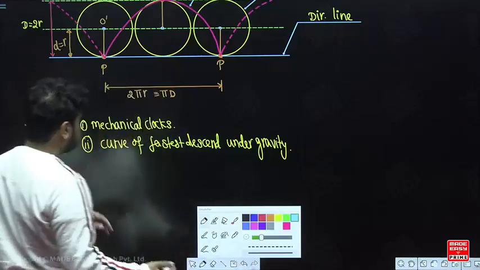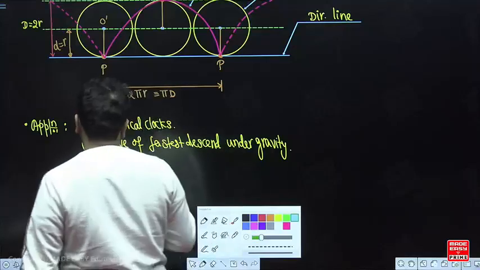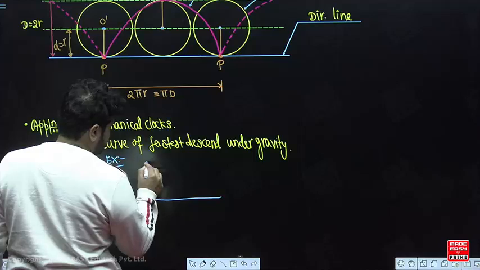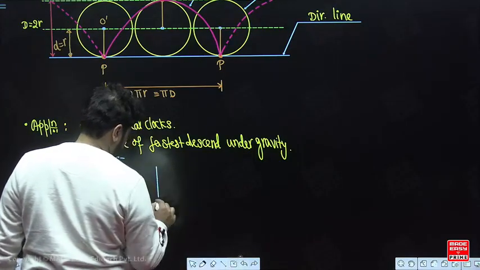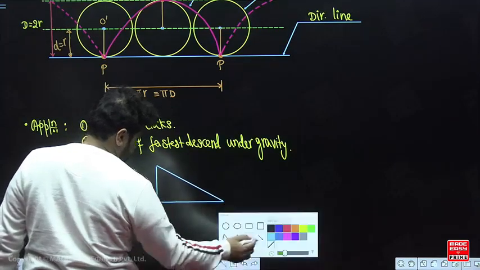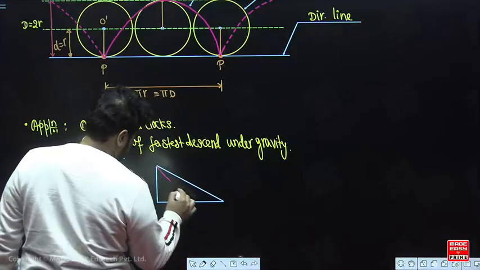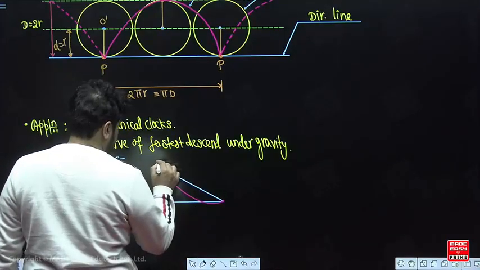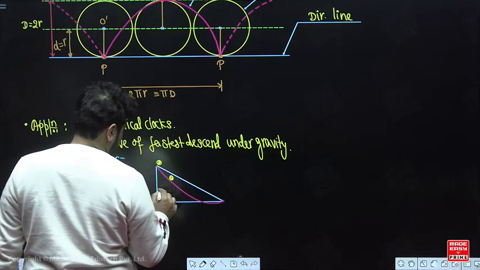Next, as an example you can write for your reference, suppose we have three curves. If three balls are simultaneously released, one ball will be here, another ball will be somewhere here.